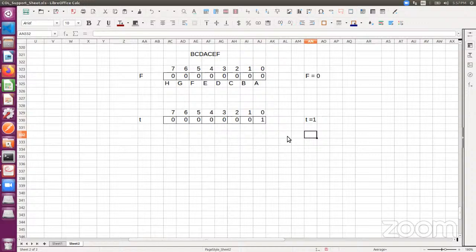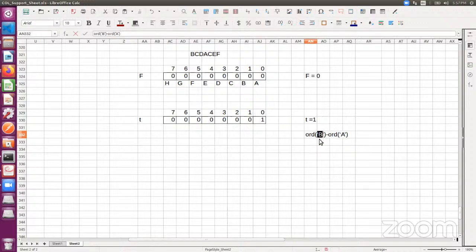Now first we will take the ASCII value, ord of, let's suppose we have taken B. ord of B minus ord of A. This actually should be a variable because it corresponds to each and every character.